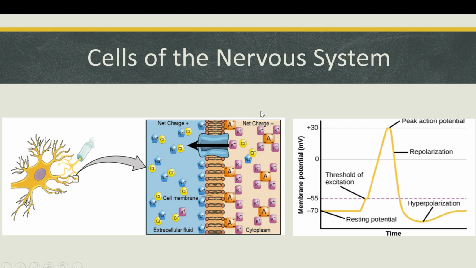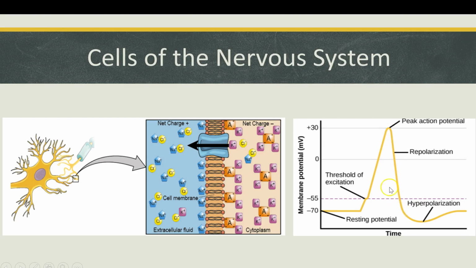And when the message is sending, an action potential is made, and a peak action potential occurs, and this signal is all or nothing. This is the equivalent to turning a light switch on or off. It either sends the information through the action potential after it gains enough sodium, or it doesn't. And then once the axon has released the message, it goes into repolarization, because the axon has used up these sodium ions.